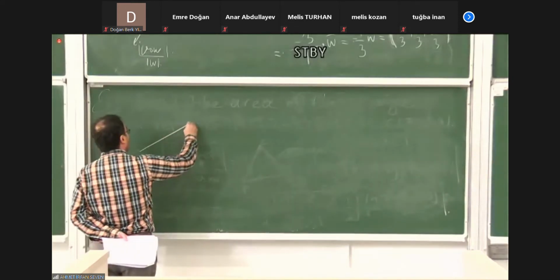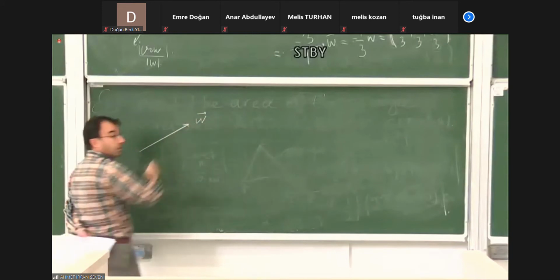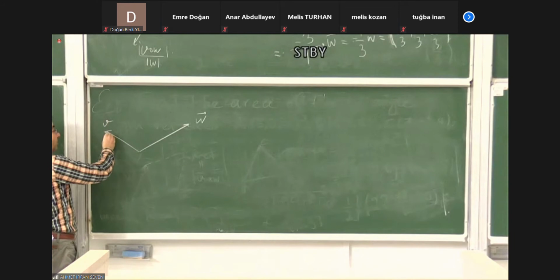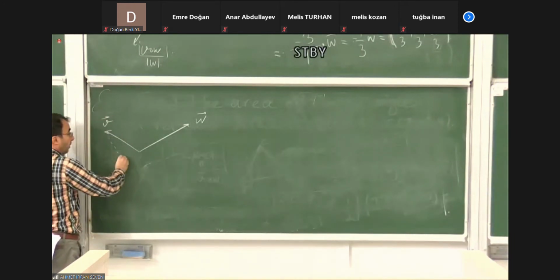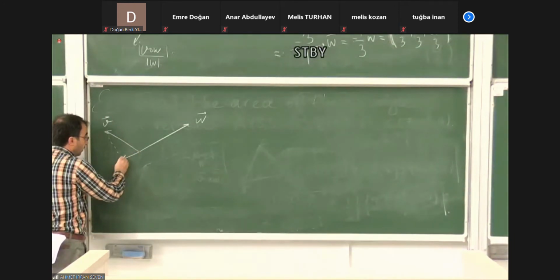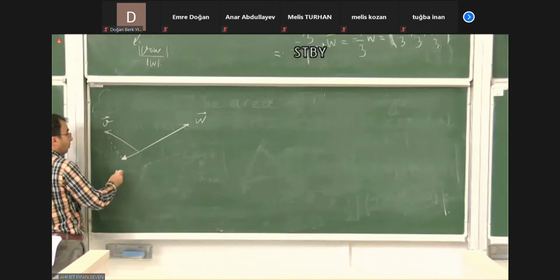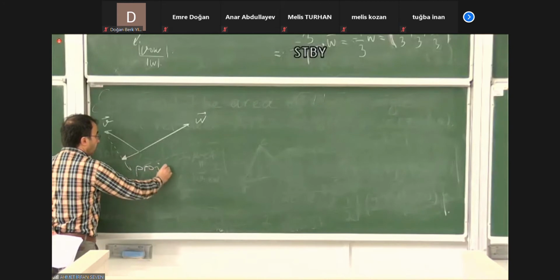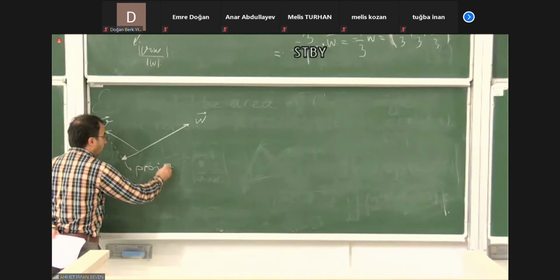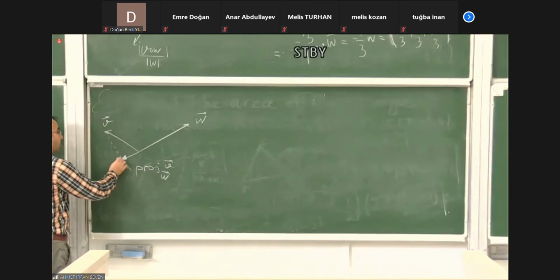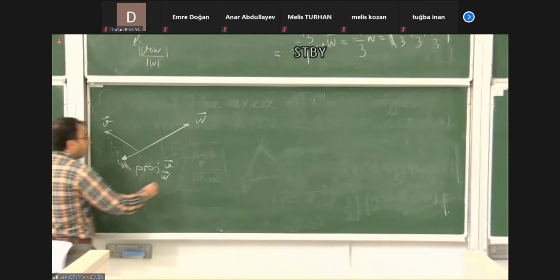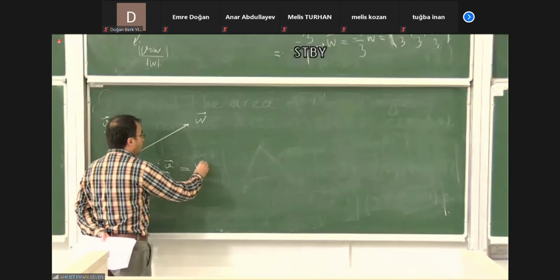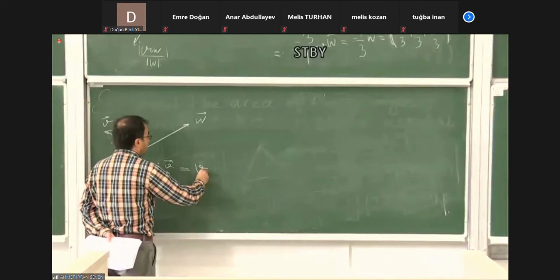So I have W, and I have V, and we have seen that the projection of V onto W is here. If you like, let's call this projection vector V1.